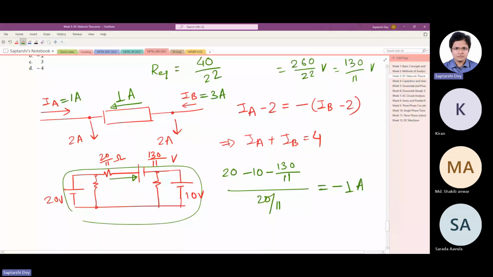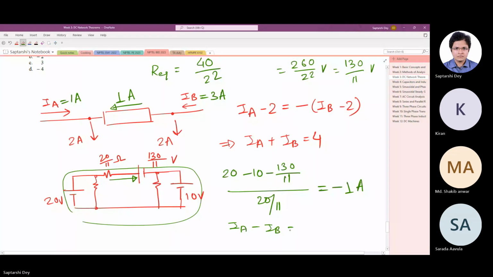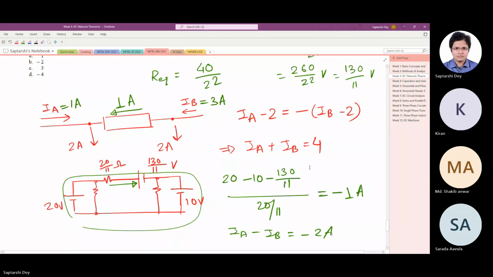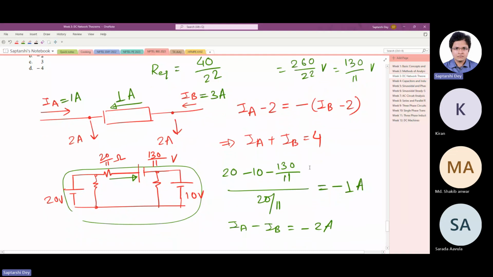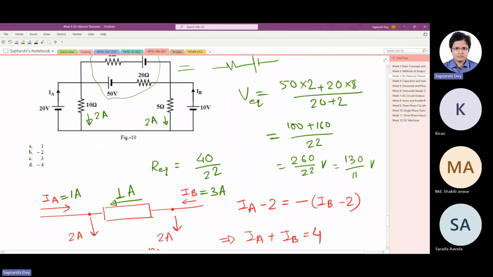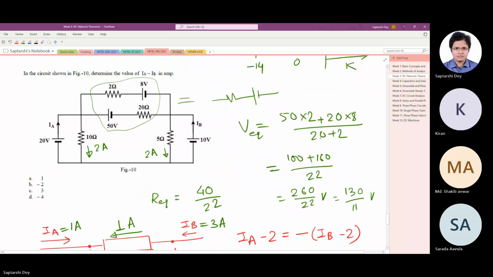So IA minus IB is minus 2 ampere. Okay. Assuming that this equation, this formula what I used is correct. I used it maybe 5 years, after 5 years, I don't know.